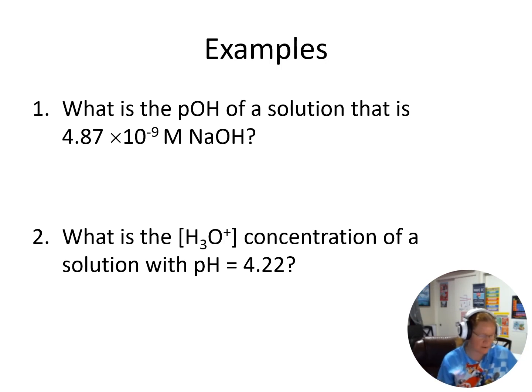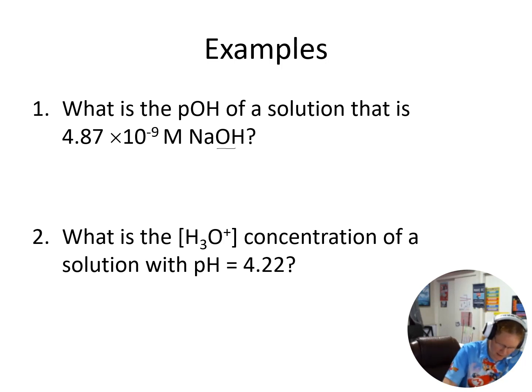So to start off with, I want to know the pOH of a solution that is 4.87 times 10 to the negative 9th molar sodium hydroxide. Well, to do that, we need the hydroxide concentration. So here's the thing. We need to look at the formula. Sodium hydroxide is nice because there's one hydroxide there. This is an easy one.